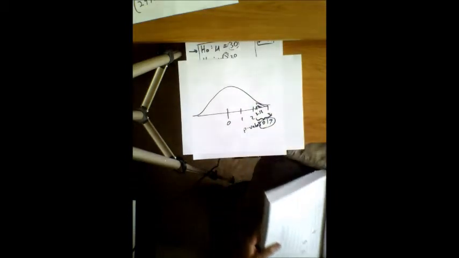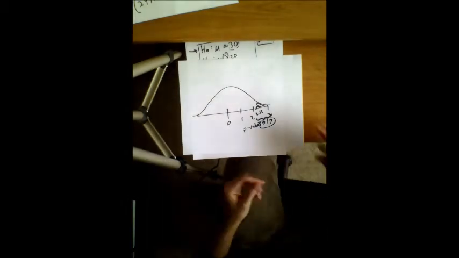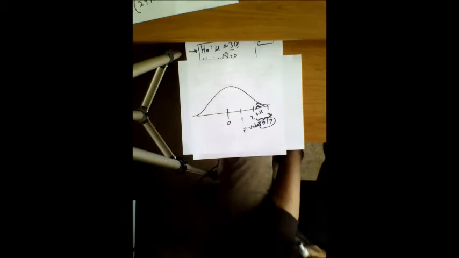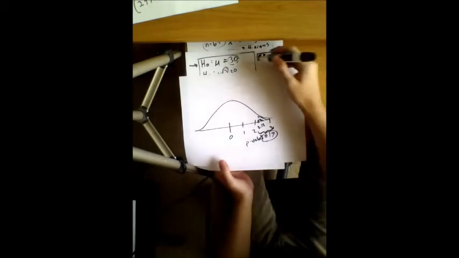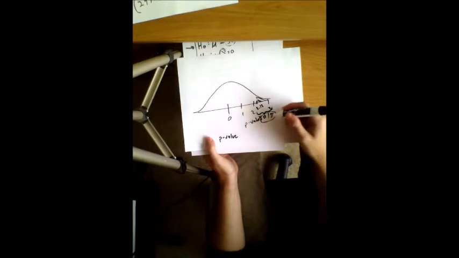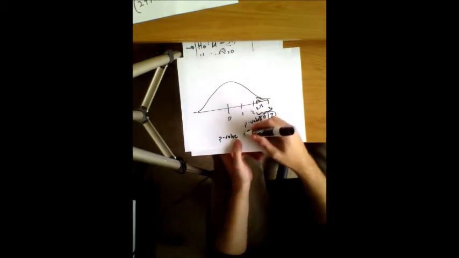Okay, so the last thing to do, I do have to compare this p-value to my significance level. My significance level, if you recall, we were doing a 90% test, so our alpha is 0.1. So my p-value, 0.017, compared to 0.1, it's very small.